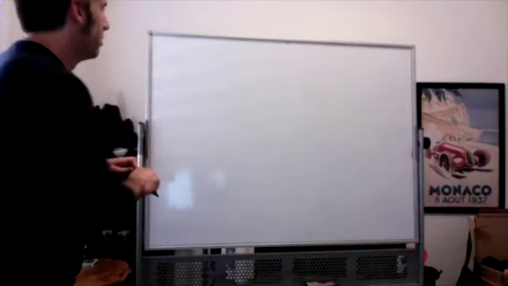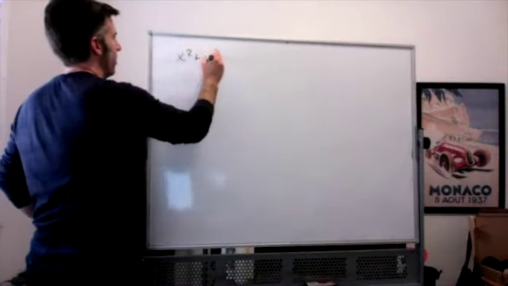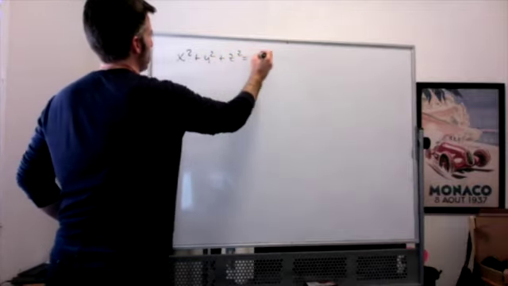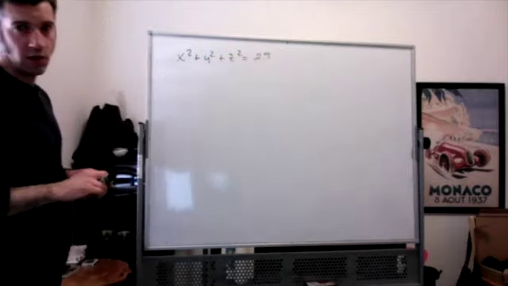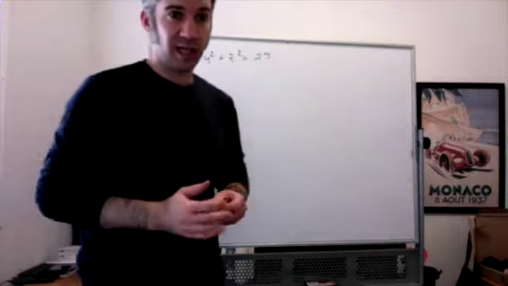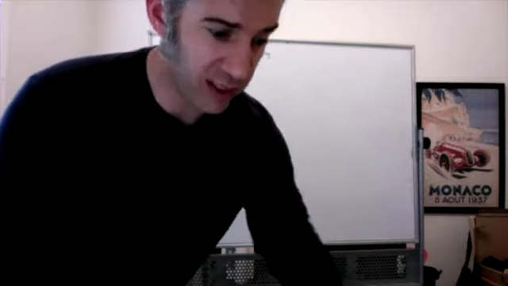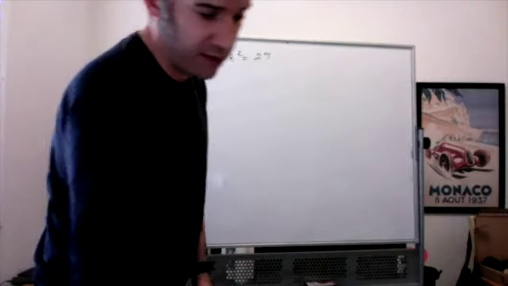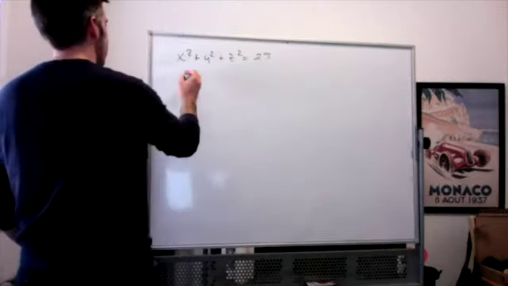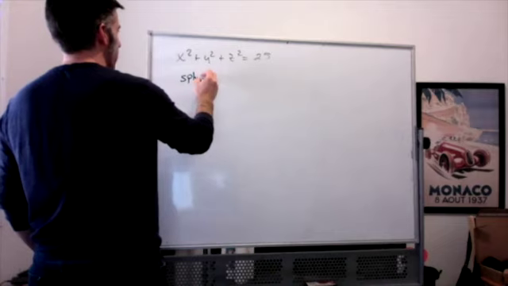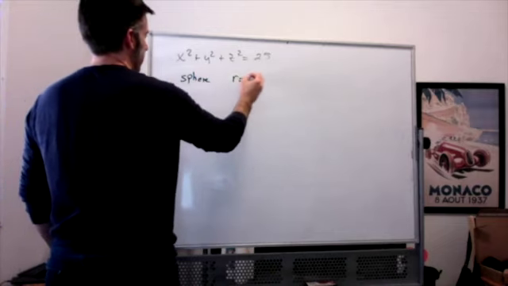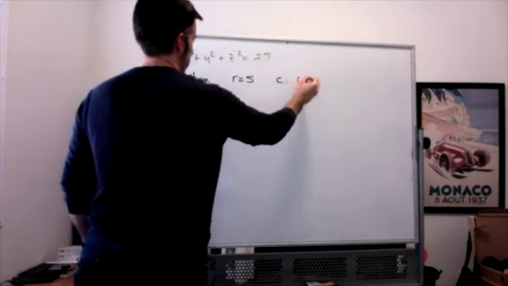What if you have x squared plus y squared plus z squared equal to 25? We know that x squared plus y squared equal to 25 is a circle of radius 5. X squared plus y squared plus z squared equal to 25 is going to be a sphere with a radius of 5 centered at the origin.